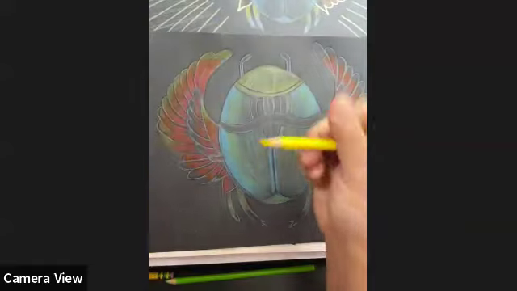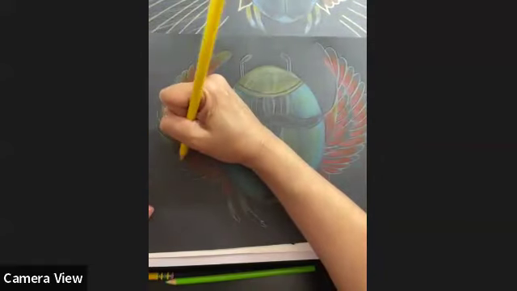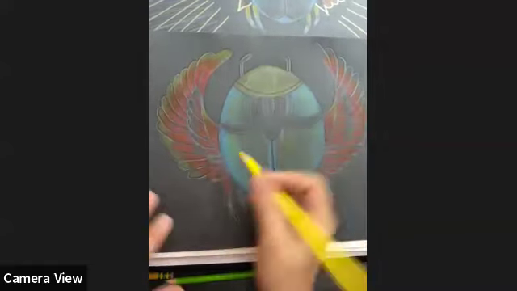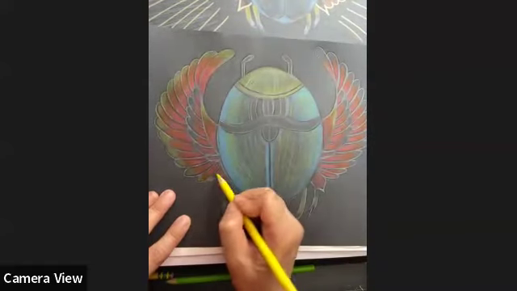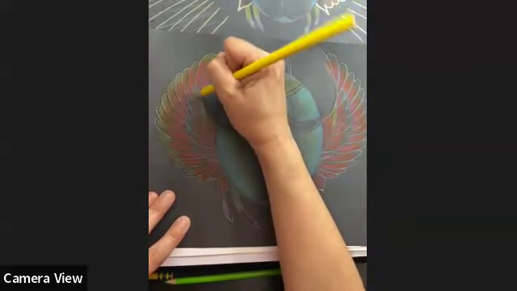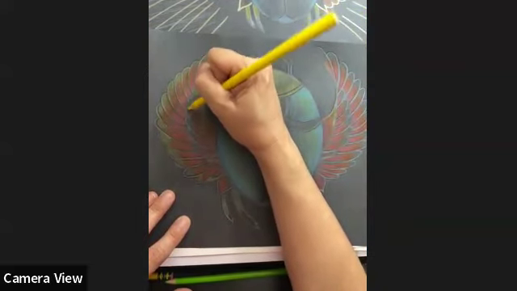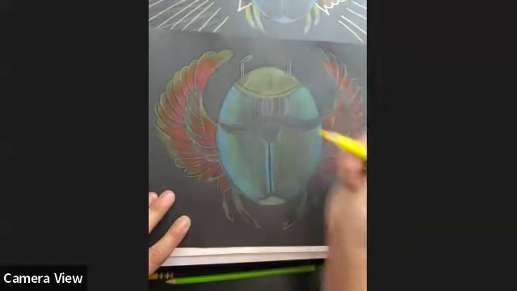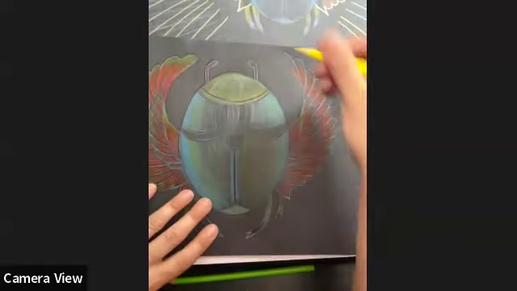And then for the final part of it, I'll take this yellow and go down a little bit further into each feather so that, again, it's more of a gradient.